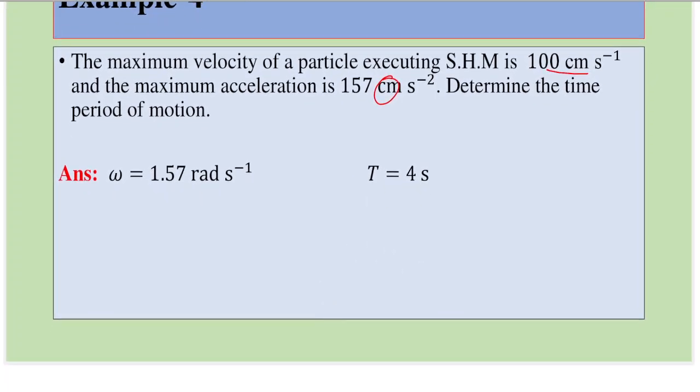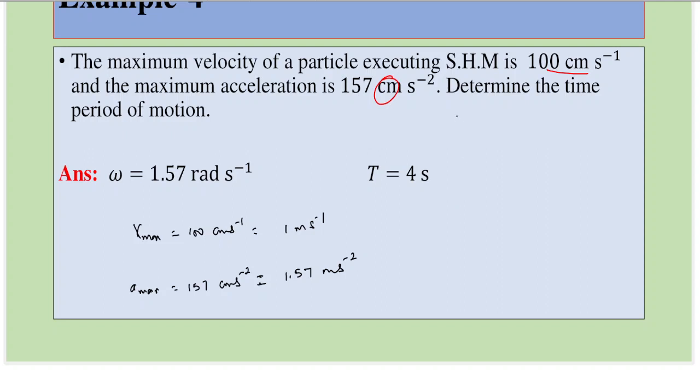So here V max is given as 100 centimeter per second, which is same as 1 meter per second. A max given as 157 centimeter per second square is equal to 1.57 meter per second square. The question says find its time period.